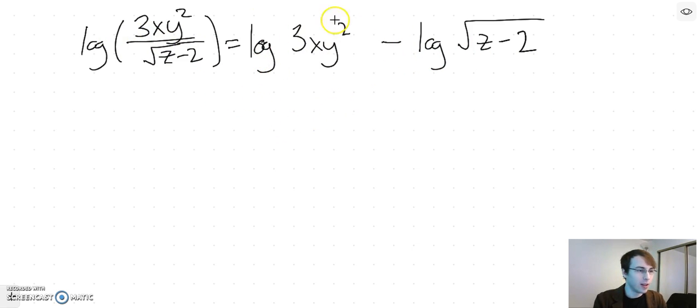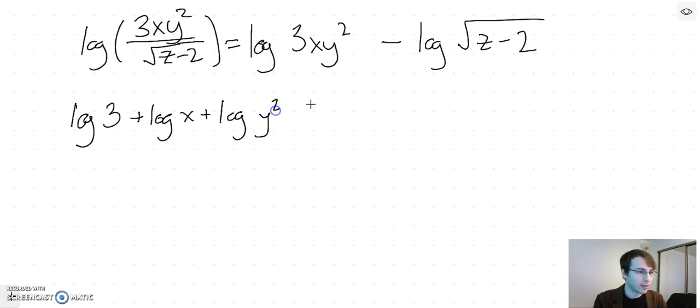And then we can turn this part into log 3 plus log x plus log y squared, and then minus log, let's just write an exponent on this, z minus 2 to the 1/2.